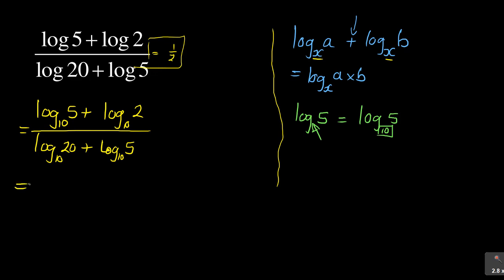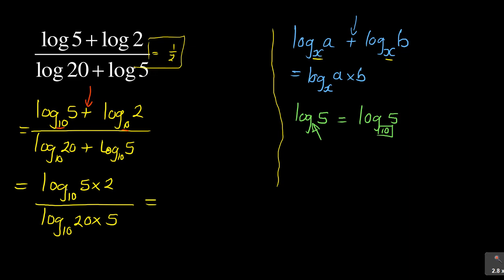Now applying the law on top, remember there is a plus sign. You can see there is a plus sign there, and as I said, the bases are the same, so you can apply the law. This is log base 10 of 5 times 2, over log base 10 of 20 times 5.